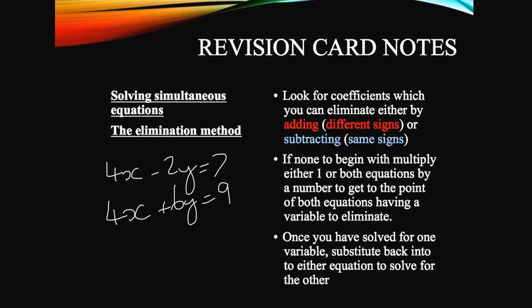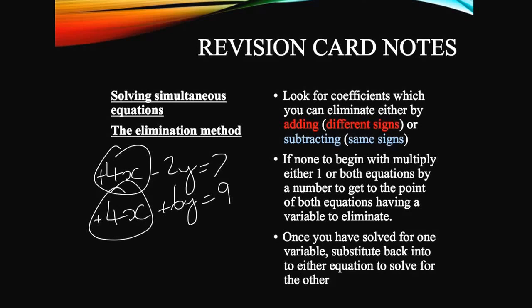That would get rid of your 4x's, because these are both positive. Okay, so if they're the same sign, you can subtract. If they're different signs, you can add. But you need to be careful which sign it is that you're looking at. It's the sign in front of the thing you're trying to eliminate.